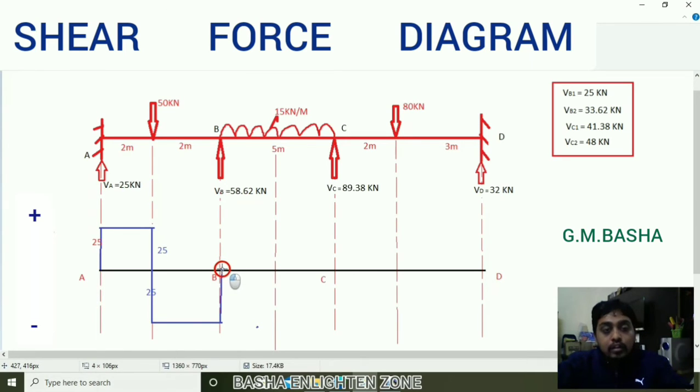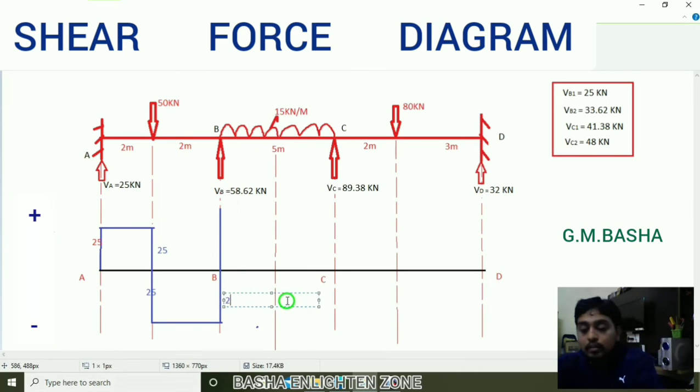Again 58.62 means you have to draw an upward value, 58.62 minus 25, an approximate value which is higher than this 25. So what is this value? This one will be 25. And what about this one?